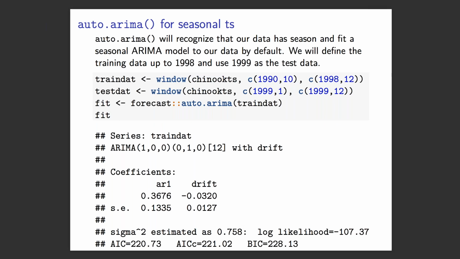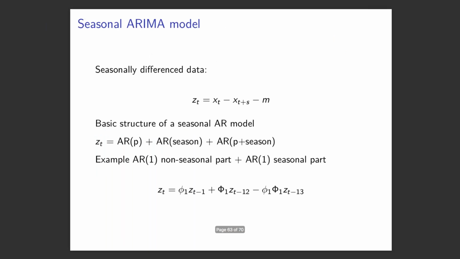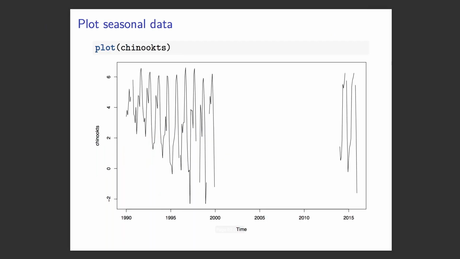So let's see how we fit this in R. What I'm going to do is fit to the data up to 1998. I'm going to fit to these data here.